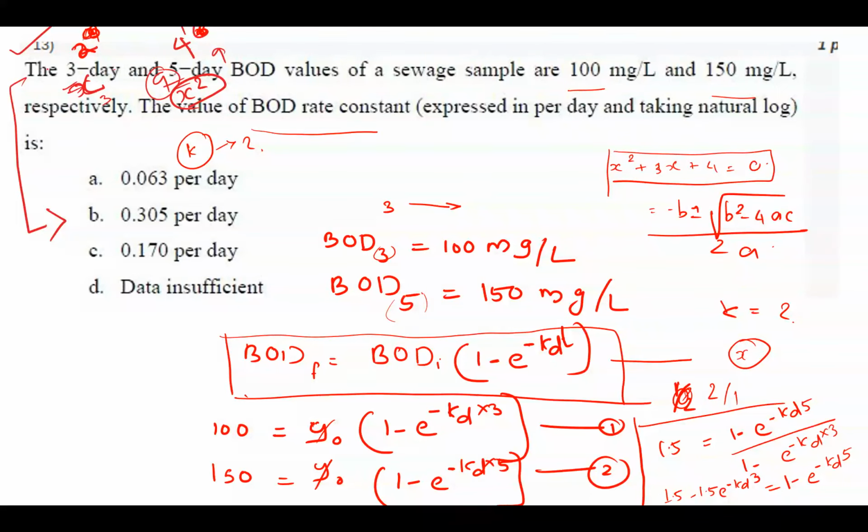So the question becomes: the 2 day and 4 day BOD values of the sewage samples are 100 milligram per liter and 150 milligram per liter respectively. Find out the value of the K constant from this. Now the number of days is 2 and 4. Got it?